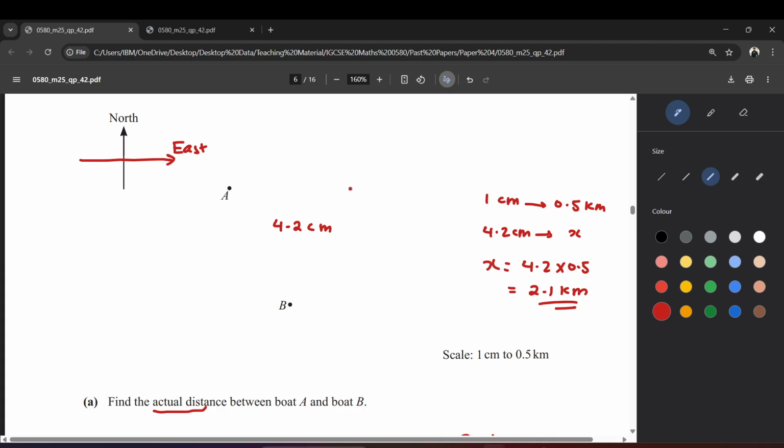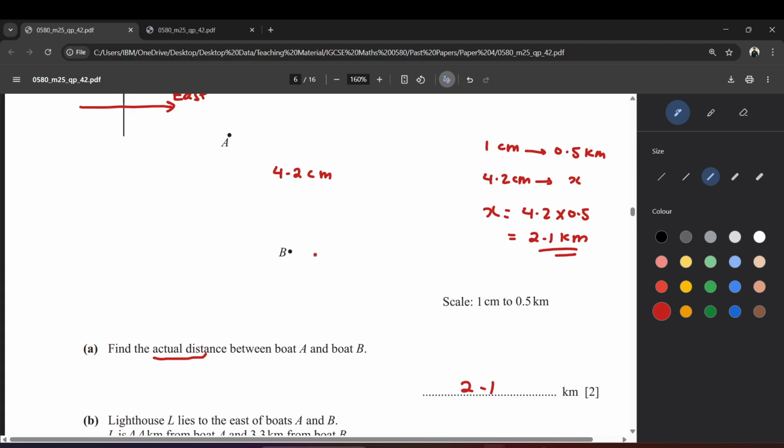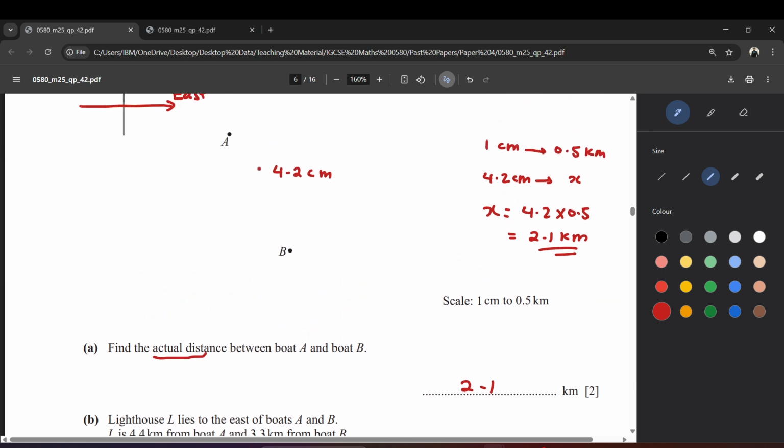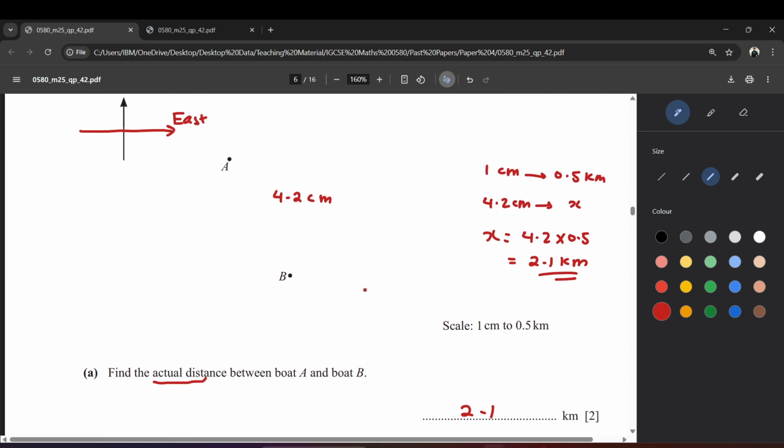That means L should be somewhere around here, to the right hand side of A and B. L is 4.4 kilometers from boat A and 3.3 kilometers from boat B. Using a ruler and compasses only, construct and label the position of L. All right, so it is 4.4 kilometers to the right somewhere over here, right? But we cannot draw just a straight line like over here. On the east means it is somewhere around here.